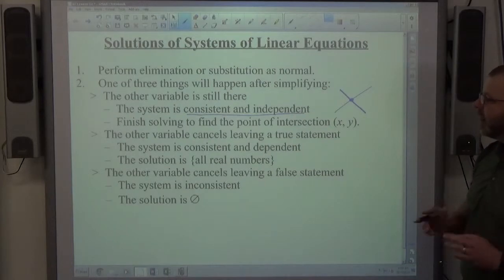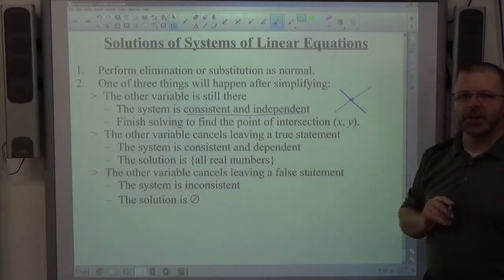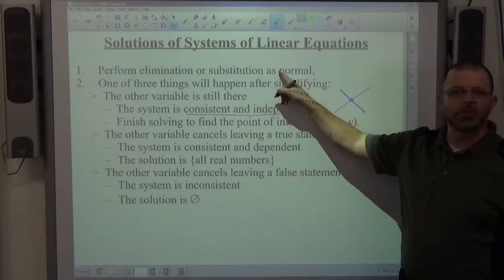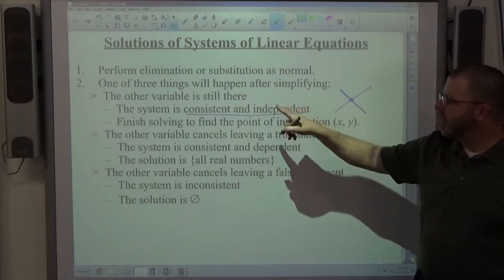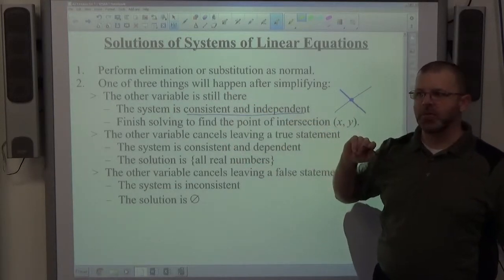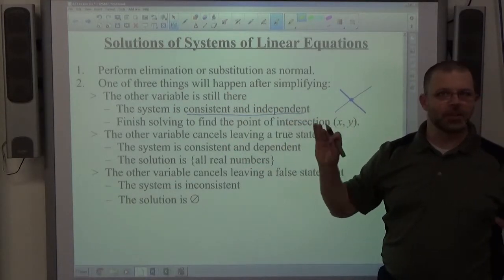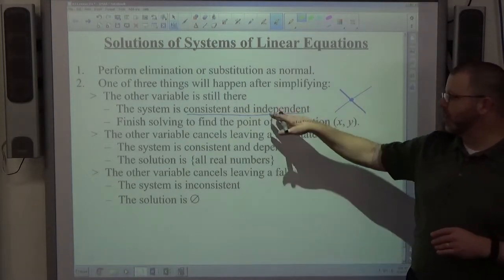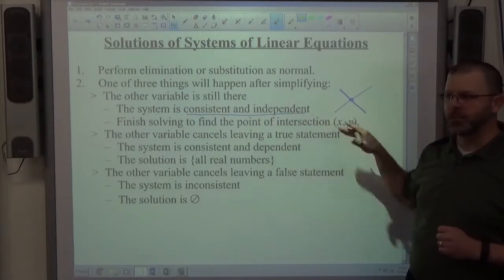Today we're going to see two different scenarios. What's going to happen is we're going to do elimination or substitution as we normally do. If after eliminating or substituting you still have a variable in your problem, 5x equals 20, 2y equals 18, something like that, it's going to be a consistent independent system with a normal answer.